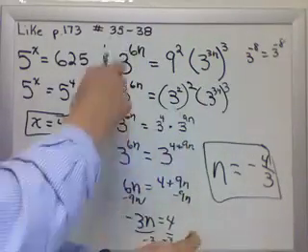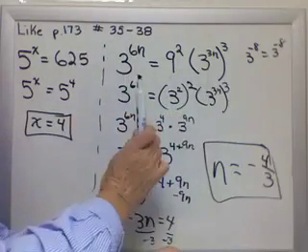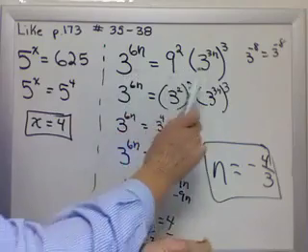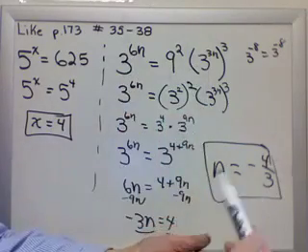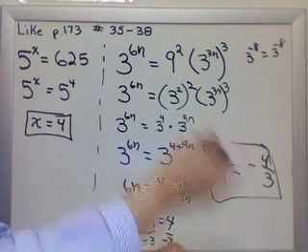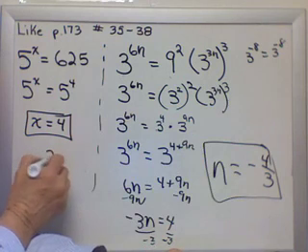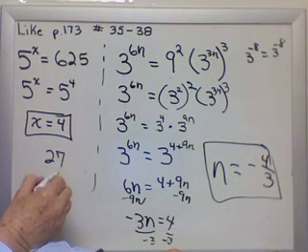So the problems you have to do, 35 to 38, look at the base numbers. And first thing you want to do is get all the bases the same. Usually you're going to use either 3s or 5s or 2s are most often used, right? So if I gave you a number 27, how could you write that? 3 to the 3rd.